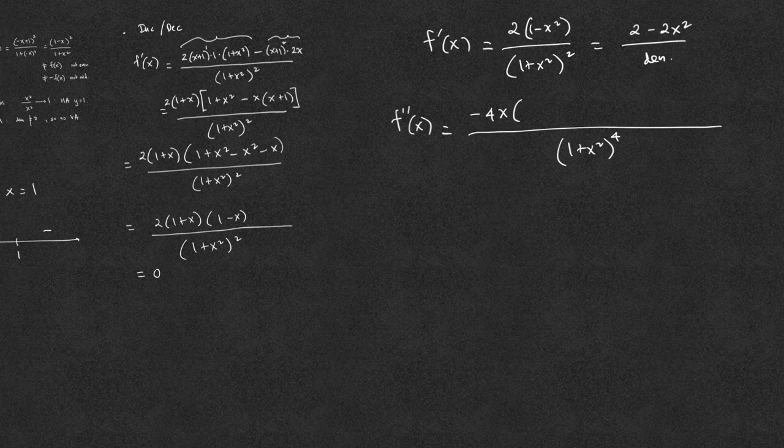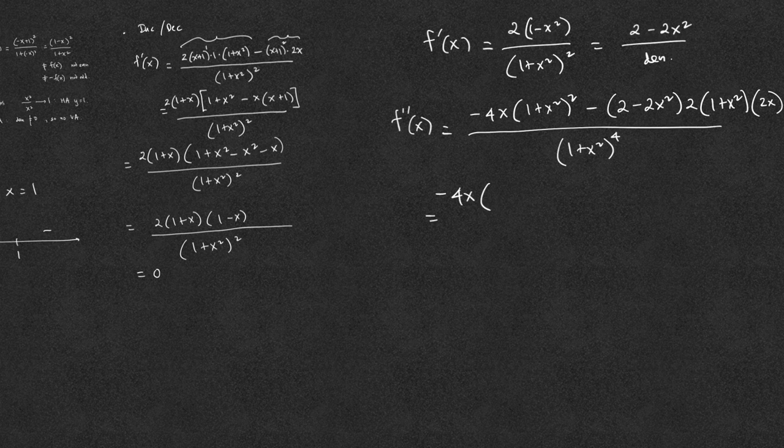We multiply the derivative of the numerator by the denominator 1 plus x squared squared, minus 2 minus 2x squared times the derivative of the denominator, which is 2 times 1 plus x squared to the 1 power times 2x. This is simplified further. We can factor out negative 4x.